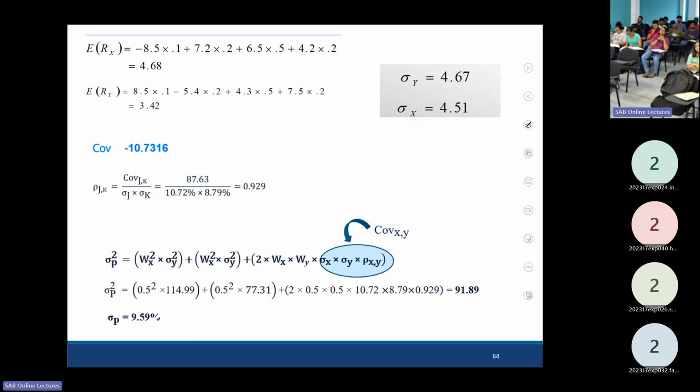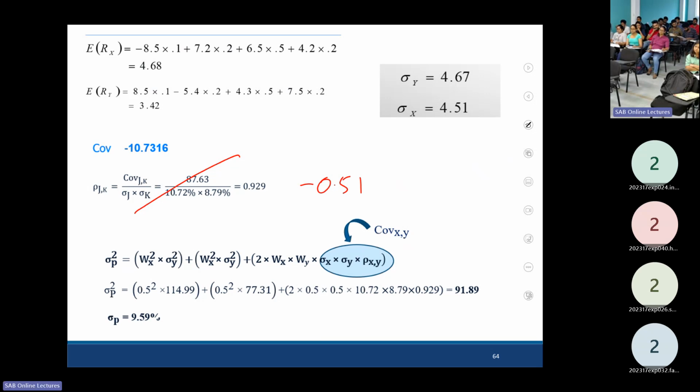Now if you go to the numbers, here our correlation coefficient was minus 0.51. This is our answer. Look here: if you invested in stock X only, this is your expected return and this is the risk, 4.67.